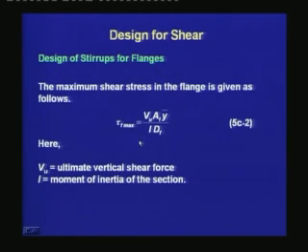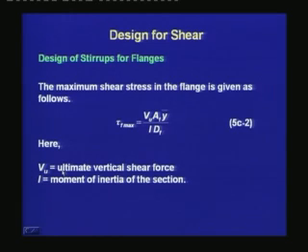Next, we have the expression of the shear stress. The maximum shear stress in the flange is given as follows: tau f max is equal to Vu, which is the vertical shear force acting in the section, times A1 times y bar divided by I divided by Df.